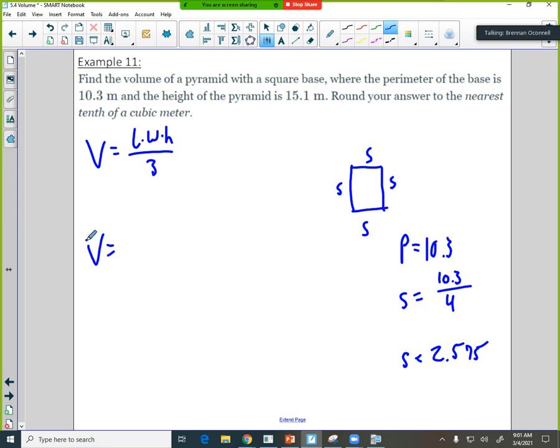Well, the length and the width are the same because it's a square, so we have 2.575 times 2.575 times the height, which it gave us was 15.1. And then we have to divide that all by 3.